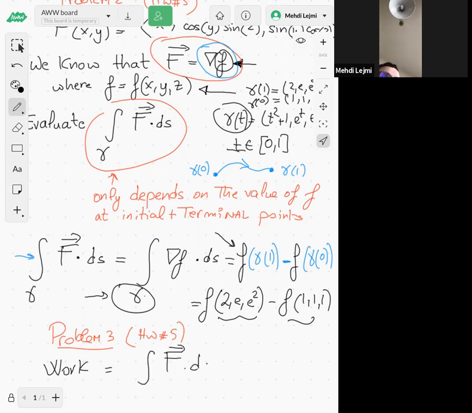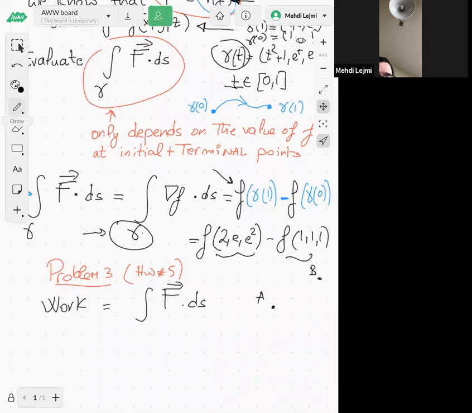You are moving a particle from the point A to the point B. There's this point A, there's this point B. We have to prove that this vector field F is conservative.